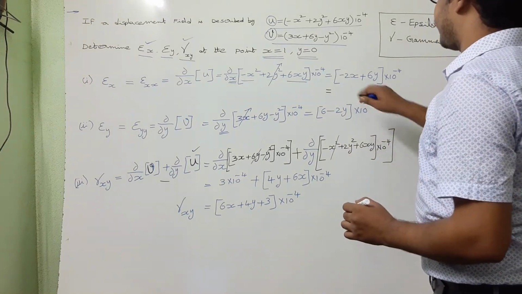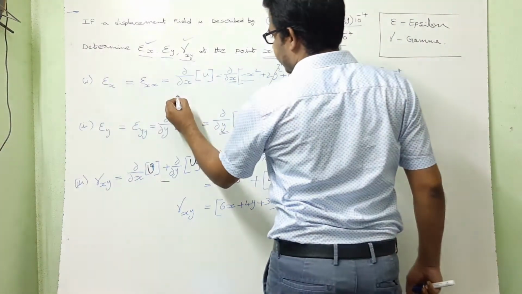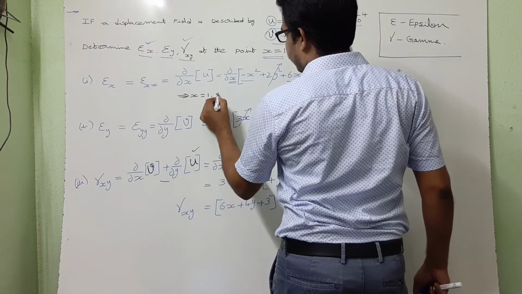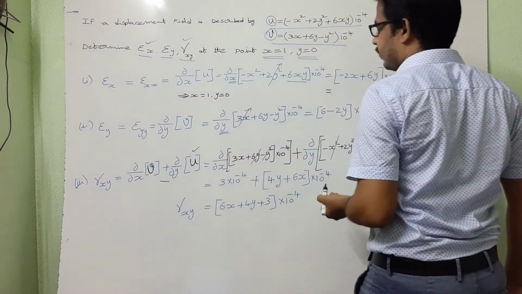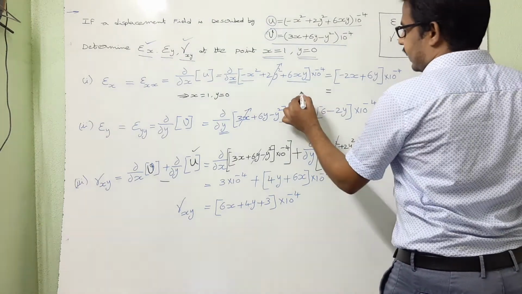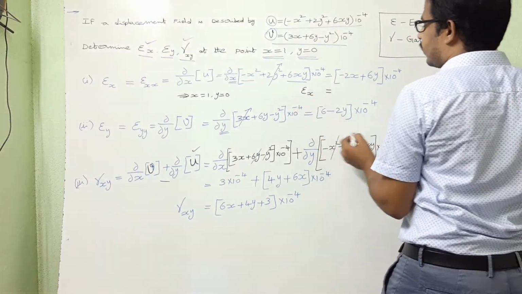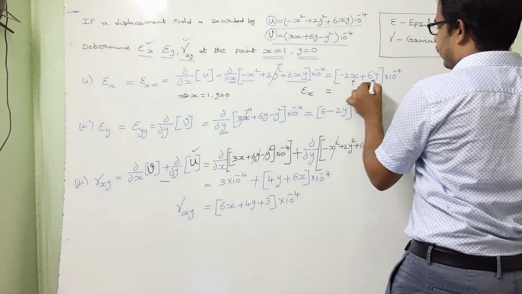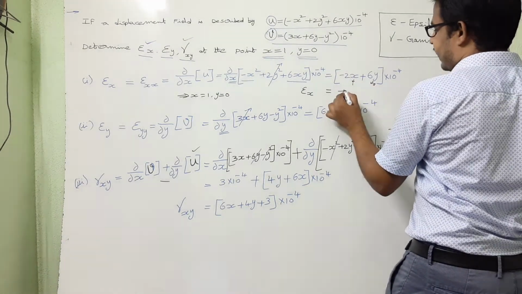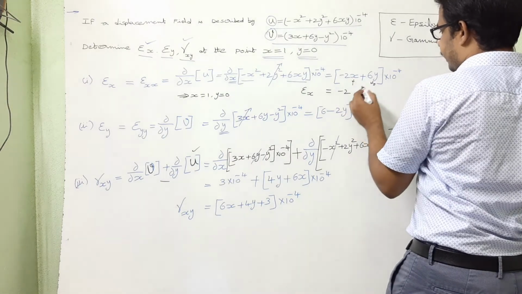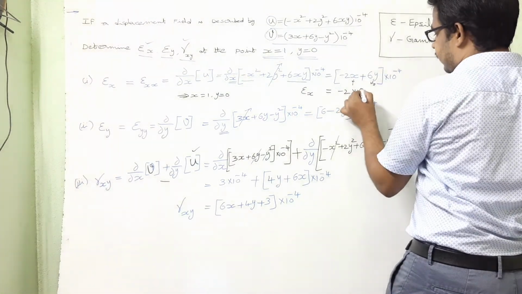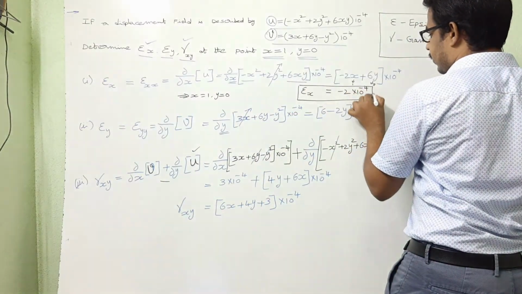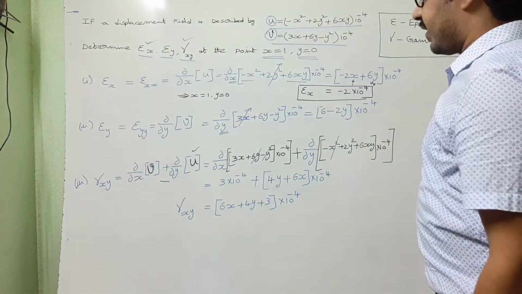Minus 2 into x. So epsilon x is equal to, here x equal to 1, y equal to 0, so minus 2 into 10 power minus 4.